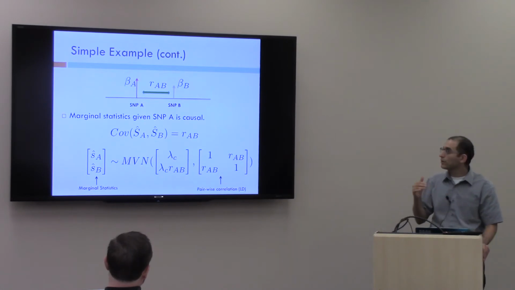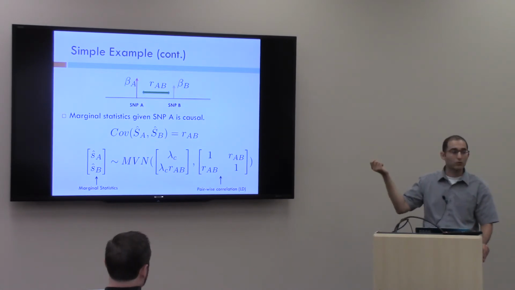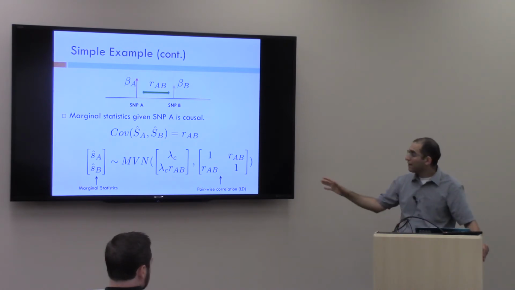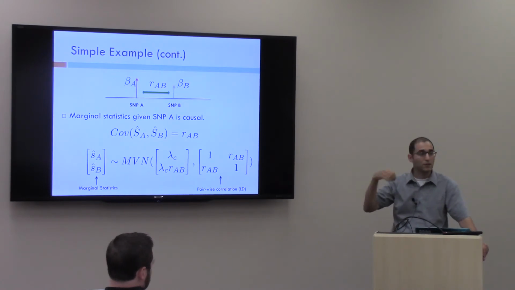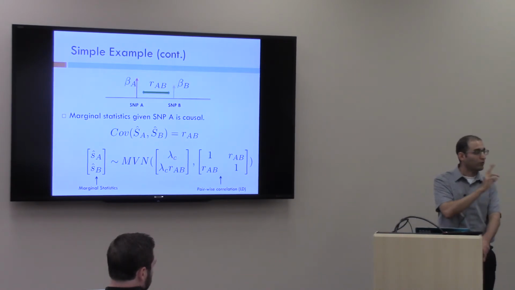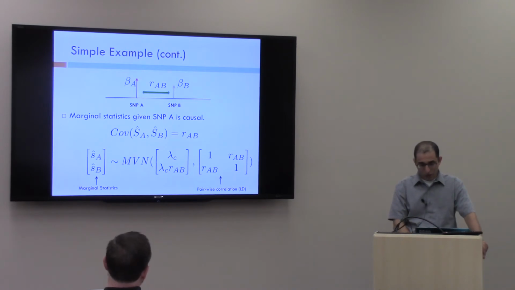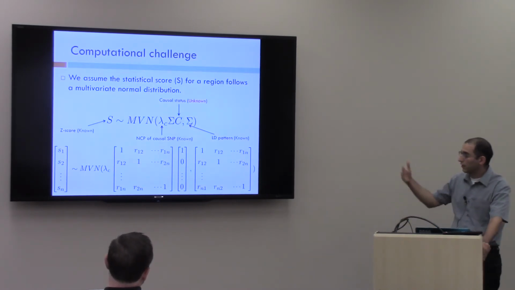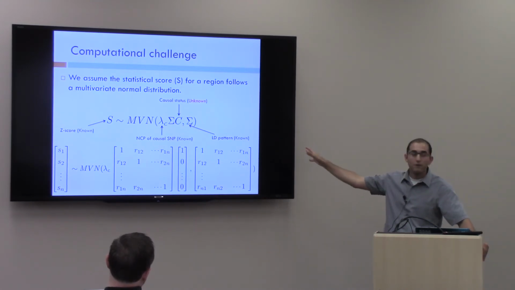And for the SNP that is in LD, let's say SNP A is causal, so it has an NCP of, let's say, lambda C, and the NCP of the non-causal variant, which is SNP B, will be lambda C times the LD. So you can generalize this to a more complicated case, like all the variants that you have in this region, and the statistics follow the multivariate normal distribution.